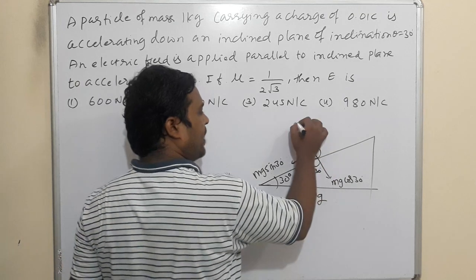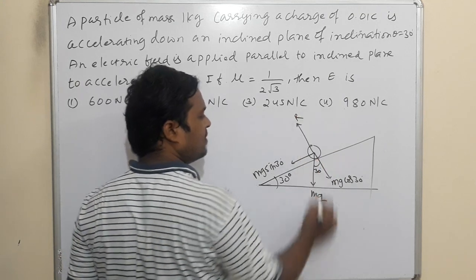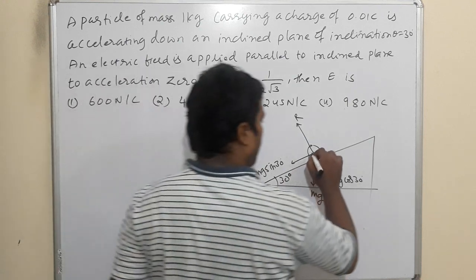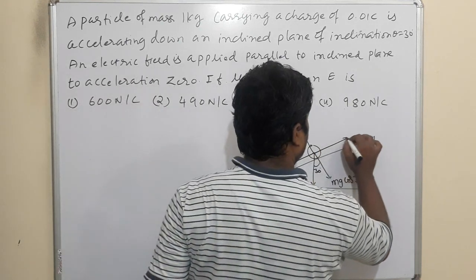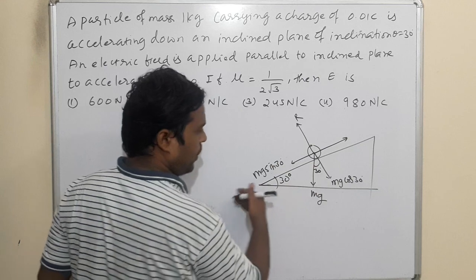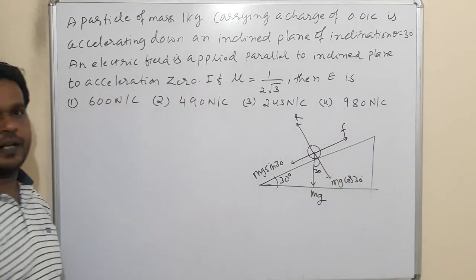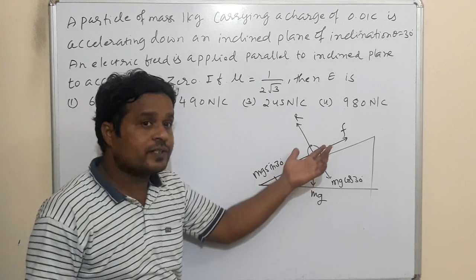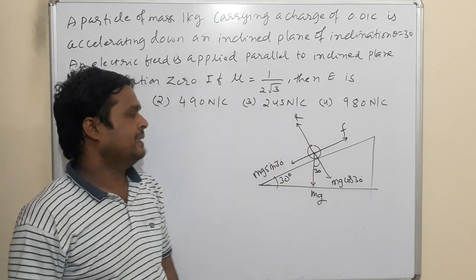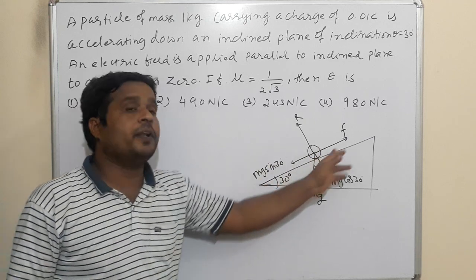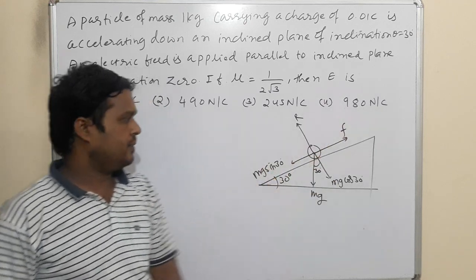Then this is the normal reaction, which is balancing mg cos theta. If it is accelerating down like this, the frictional force will act in the upward direction. Friction will always oppose the motion of the body. The body is accelerating down, therefore I have taken friction in the upward direction.